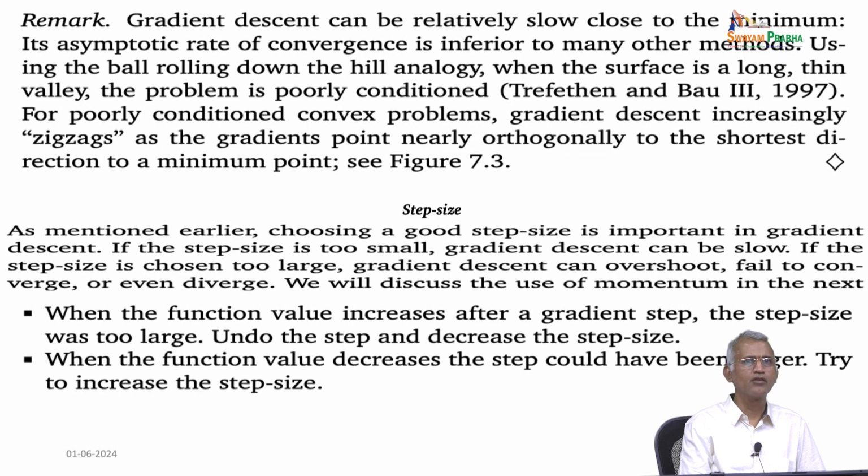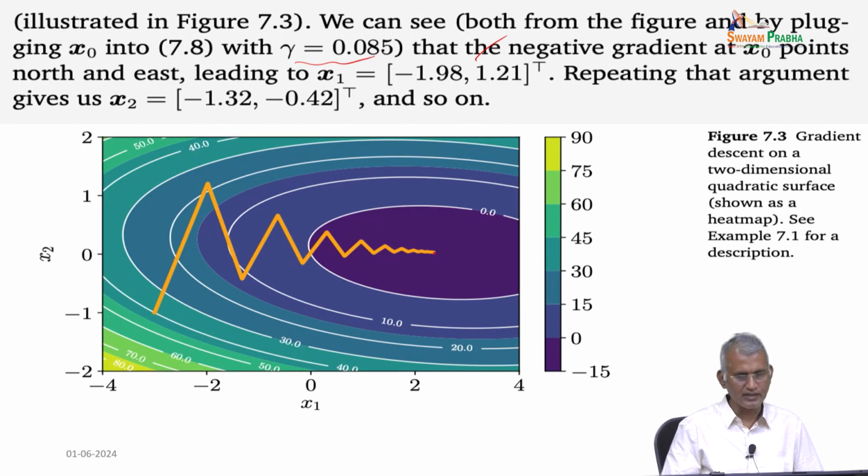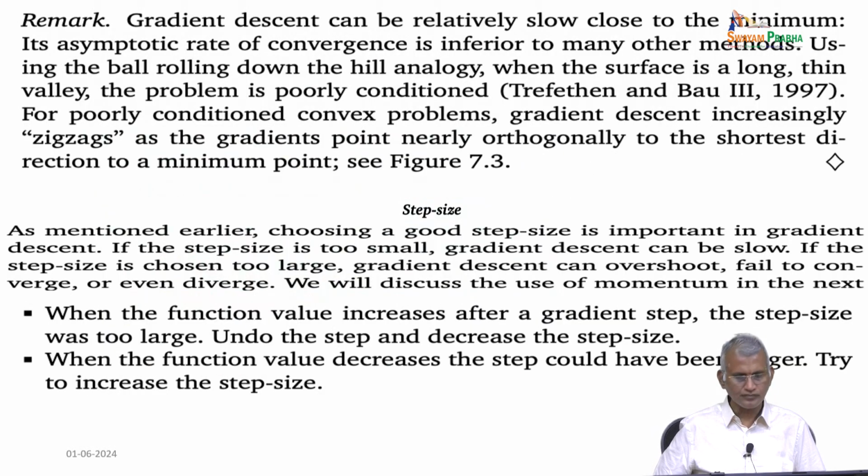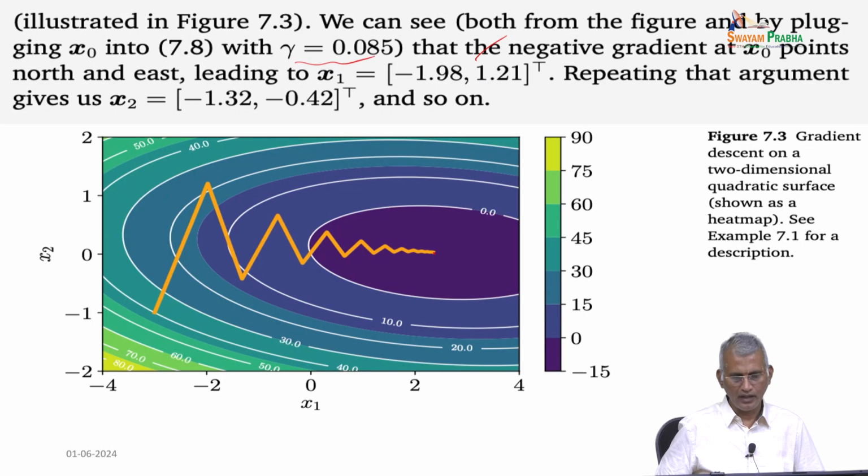Using the ball rolling down the hill analogy, when the surface is a long, thin valley, the problem is poorly conditioned, and for poorly conditioned convex problems, gradient descent increasingly zigzags, as the gradient points nearly orthogonally to the shortest direction to the minimum point. Figure 7.3 shows this picture, demonstrated in the note.